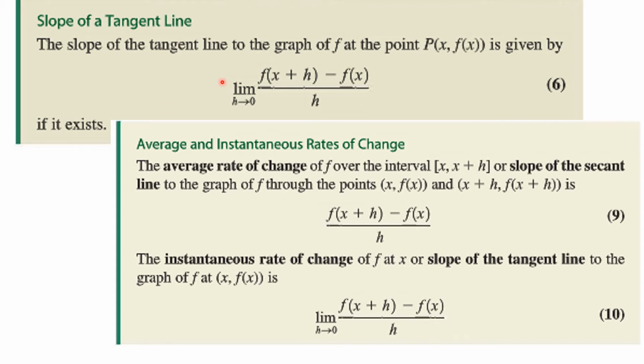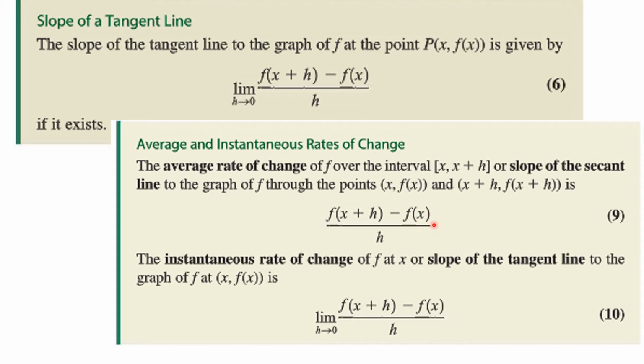So the slope of the tangent line to the graph of f at a point x comma f of x is given by the limit as h goes to 0 of f of x plus h minus f of x all over h, if it exists, because limits don't always exist. Another way to characterize the same thing is the average rate of change of f over the interval from x to x plus h, or the slope of the secant line through those points, is given by this.